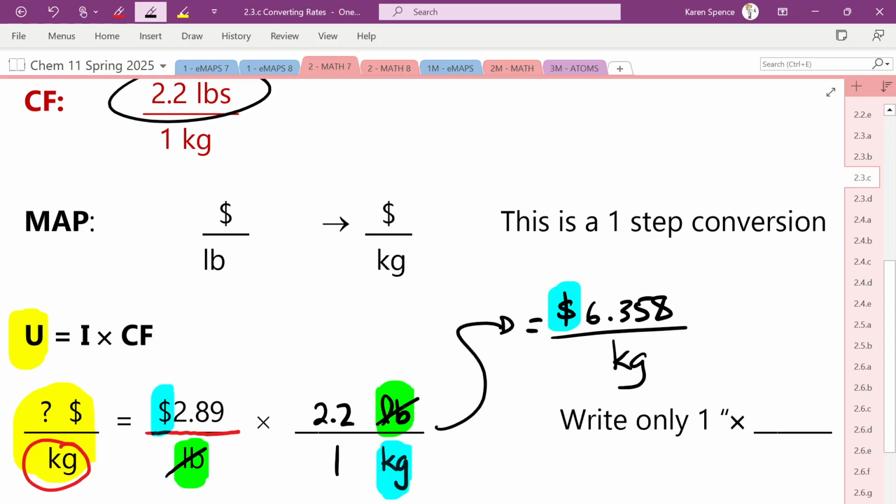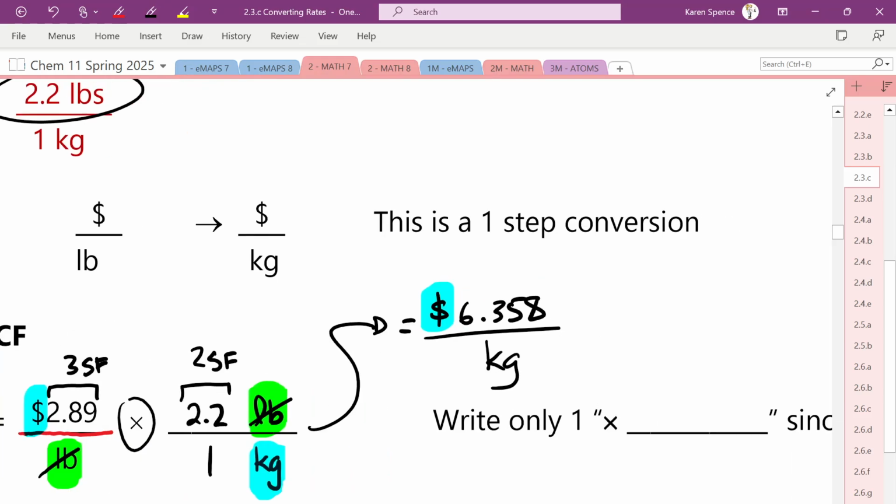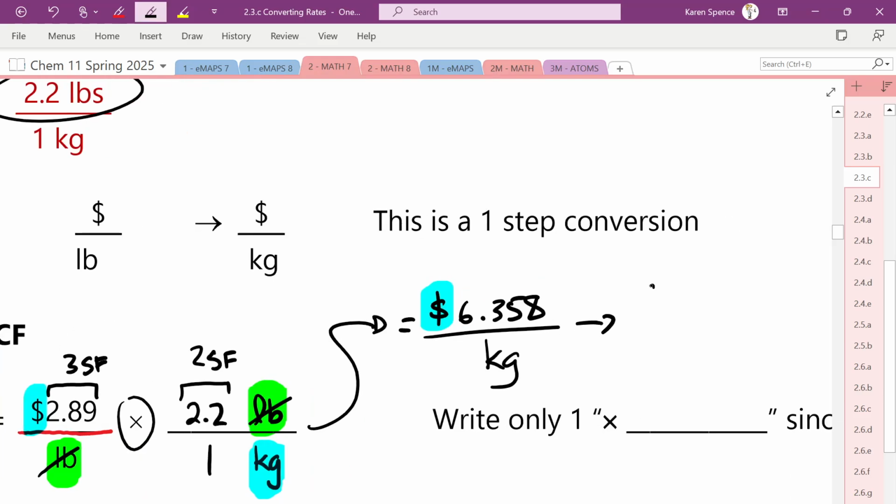This is just multiplying and dividing. 3 sig figs. 2 sig figs. Because we're multiplying, we're not concerned about uncertain digit, we're only concerned about sig figs. So my answer would have 2 sig figs, so we would say that is $6.30, 6.3 per kilogram. Generally, I wouldn't bother with that. I'm mumbling now because I should not really do sig figs with a dollar amount because it's kind of icky, right?